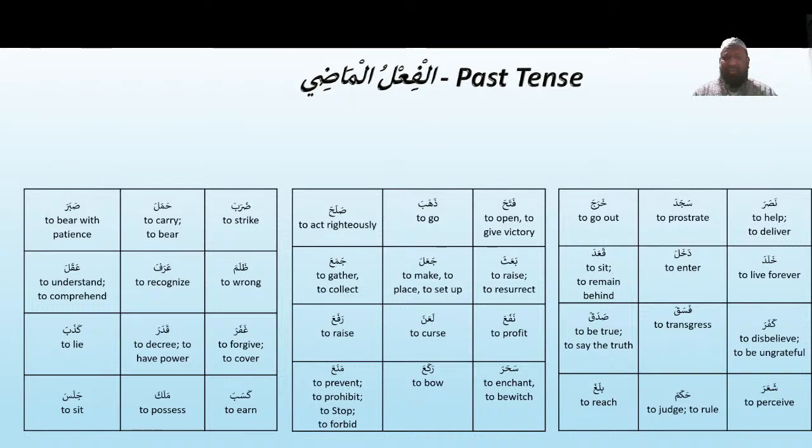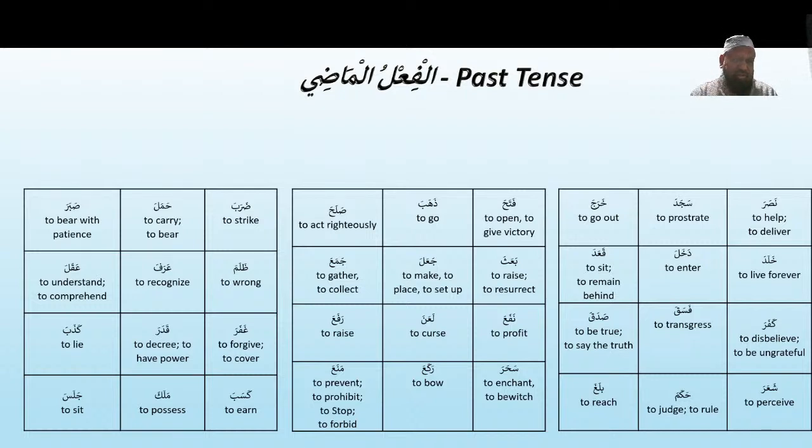Right, these are the verbs we have learned so far. The three groups. We can say the first group on the right is the nasara group. The first verb I have is nasara. We'll call this the nasara group. The second group is the fataha group.